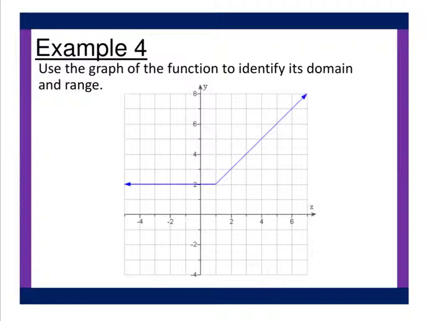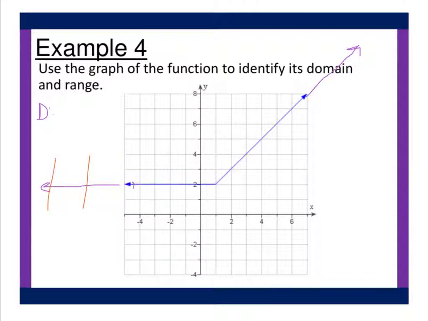Another type of problem they could give us. These arrows, remember, mean that this graph keeps going in the same direction forever and ever. And so also this way, it'd keep going forever and ever. This is where infinities are going to come into our domain and our range, because for our x values, if we look, there is no place on here that I can draw a line and say, oh, my x values stop there, because my x values aren't stopping at all.